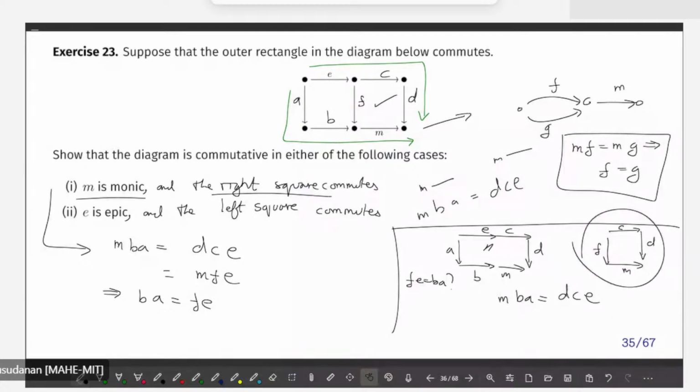In that I said that I can freely interchange DC with MF. So now changing that, I get MFE. But now M is on the left side of both sides of the equation. So therefore I can cancel it and say BA is equal to FE because it is left cancelable. That's the meaning of monicity or monomorphism, right?